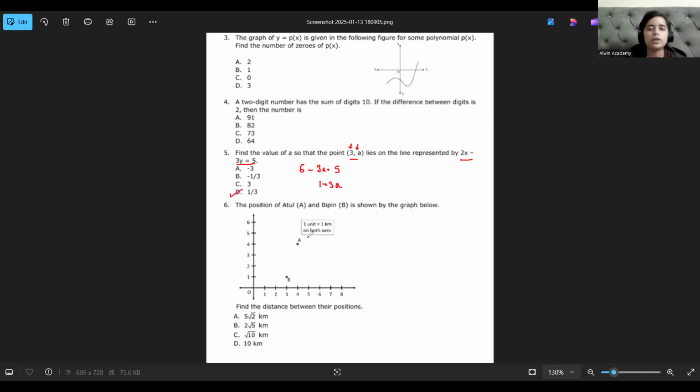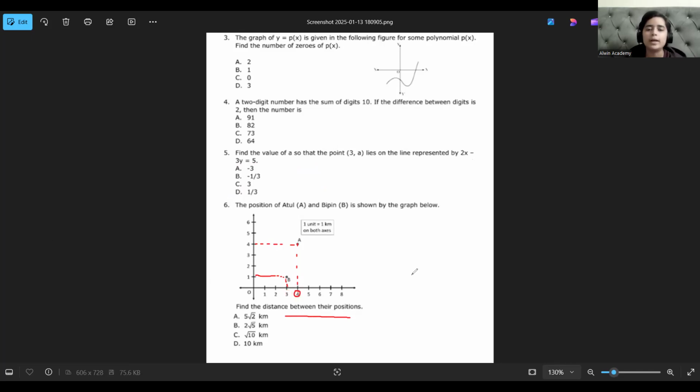Going to the next question. The positions of Atul A and Bipin B are shown in the graph below. This is A. We can trace its coordinates as 4, 4, and this is B. We can trace it as 3, 1. Find the distance between their positions. Now to find the distance, we'll put in the distance formula. So the distance formula is x2 minus x1 square, so x2 is 4, x1 is 3. 4 minus 3 is 1.